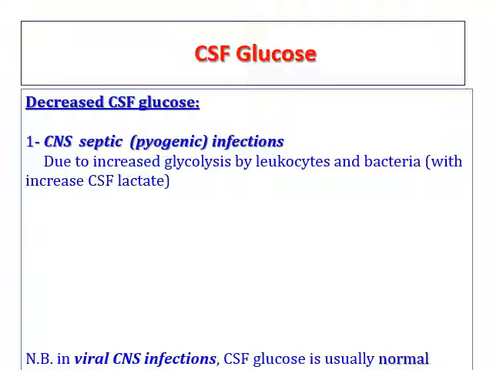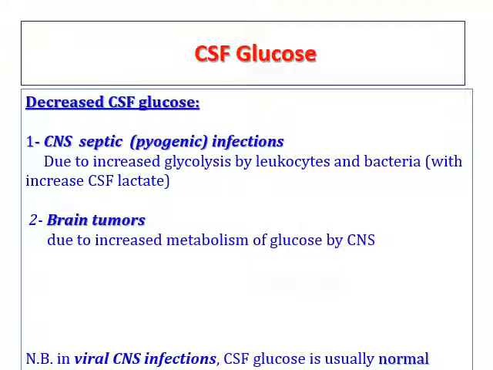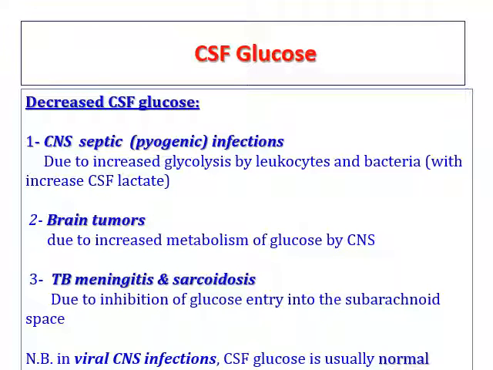So the glucose level will decrease and the lactate level will increase in the case of infection. Brain tumor also consumes glucose due to increased demand and the metabolism of the tumor cells. Also it will decrease in TB meningitis and sarcoidosis.